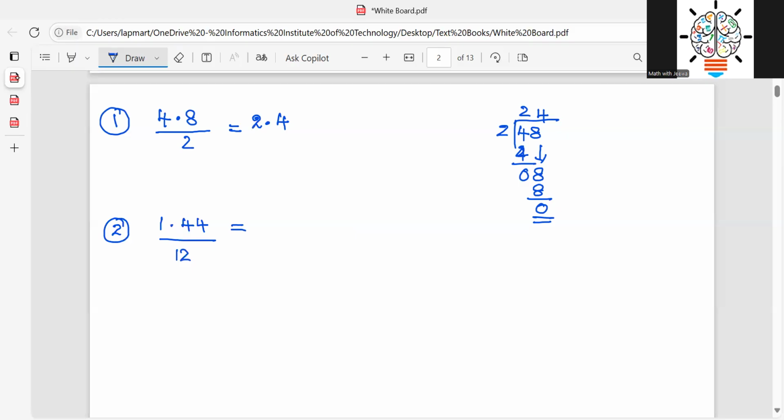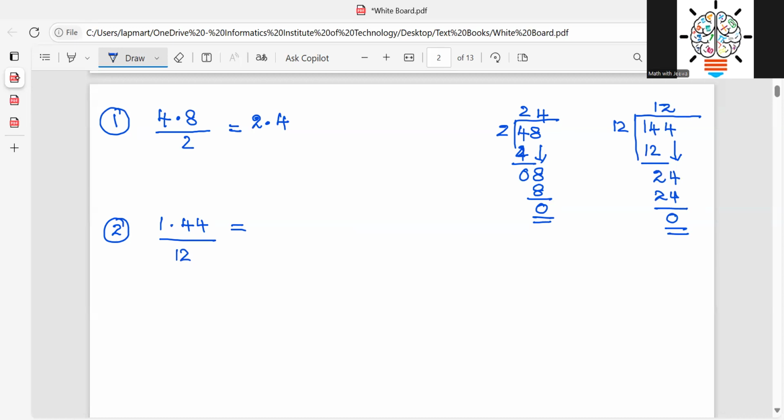Okay. Then what happened? Forget about the decimals and you just divide 144 by 12. 12 times 1, 12. So then here we have 2, and you bring this down, 24. 12 times 2, 24, and 0. Now you just see, children, 144, when you divide by 12, the answer is 12.